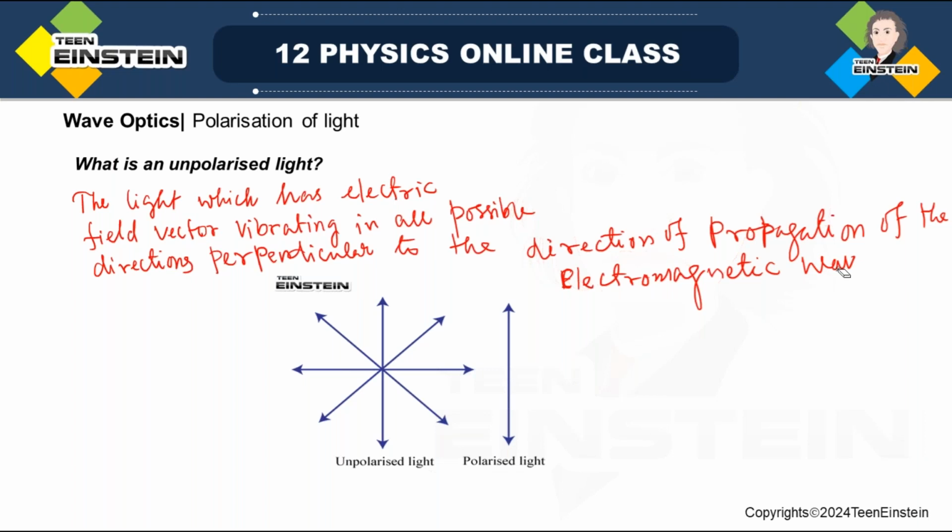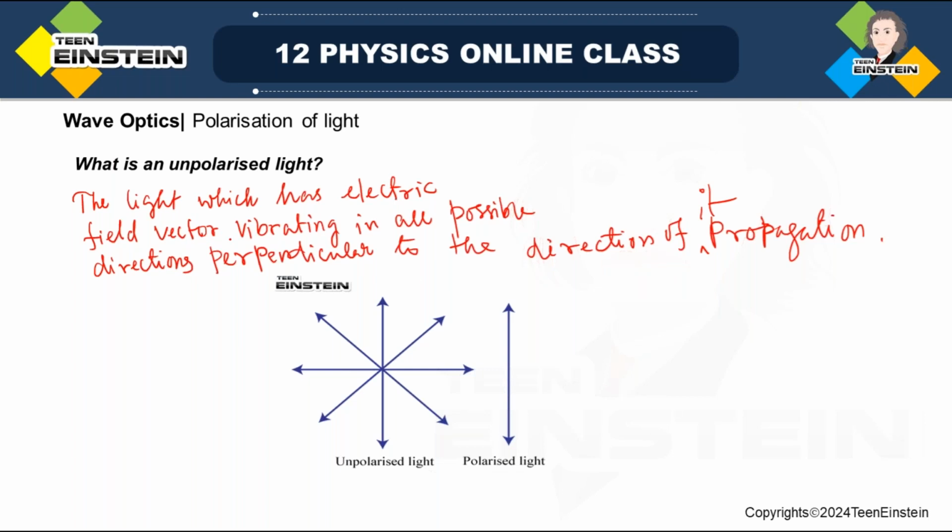Here, electromagnetic wave means the light itself. It might be propagating in a certain direction, right? So the light is propagating, and this is the direction of its propagation.